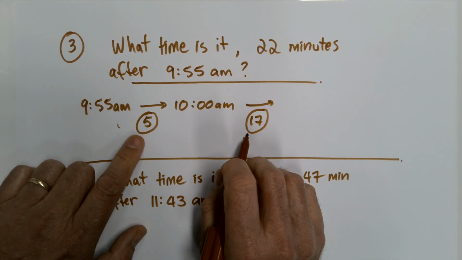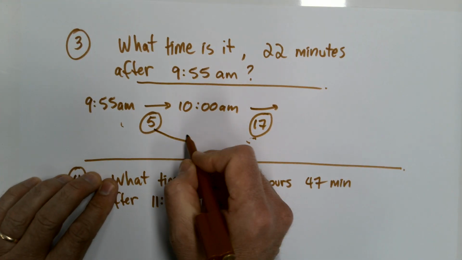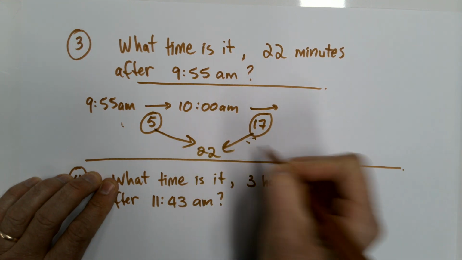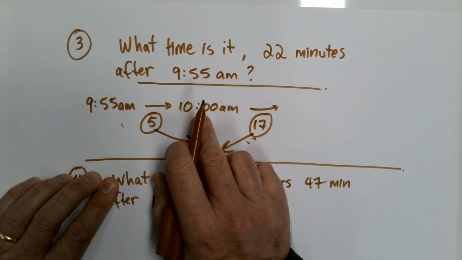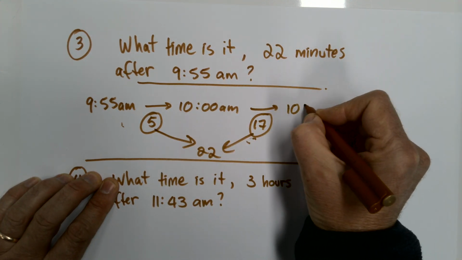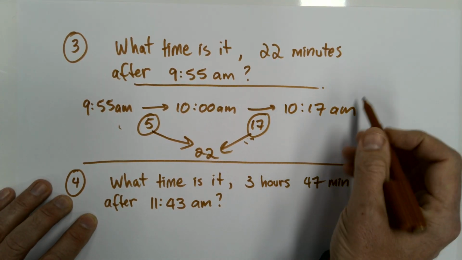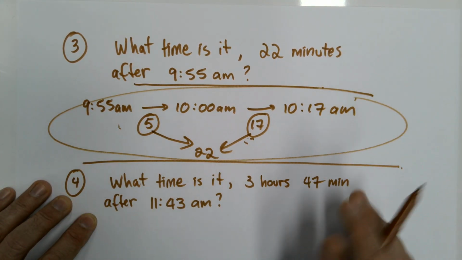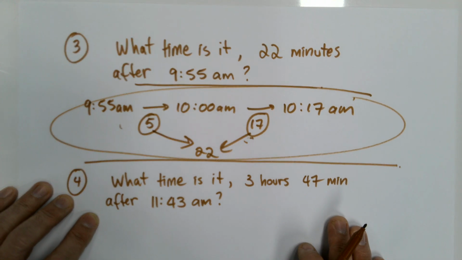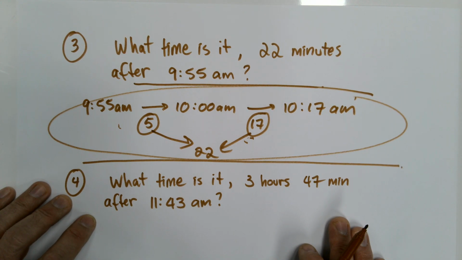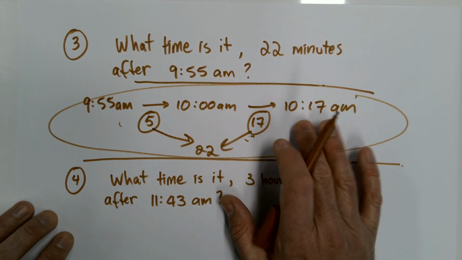So those two together, they are my 22. Okay, 17 minutes after 10 a.m. is 10:17 a.m. Now you won't need to do that setting out in the test. I'm just showing you a very bulletproof way of thinking it through, okay? Which you can just do on a scrap bit of paper and just write in 10:17.